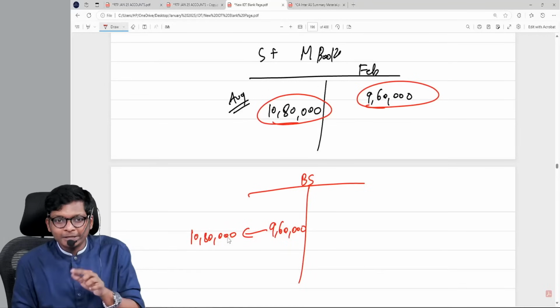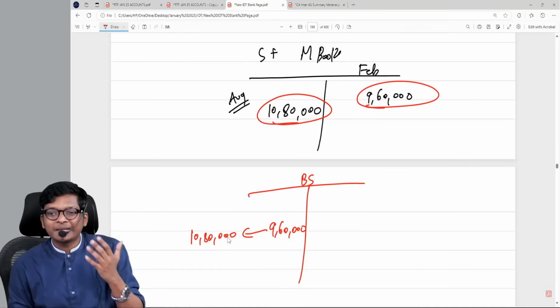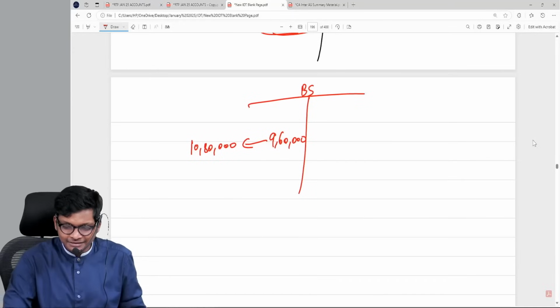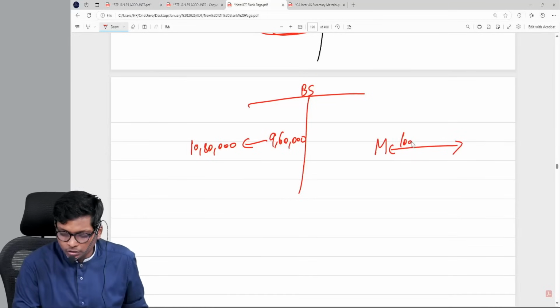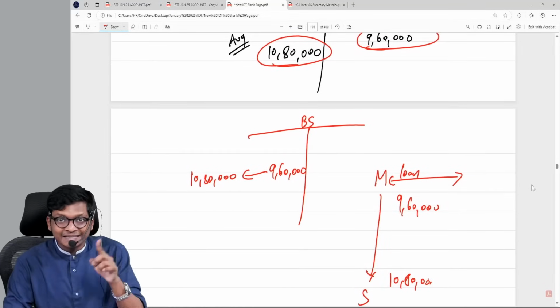But if I show it as a loan, it comes only in the balance sheet and not in the P&L. So look how smartly they planned. M basically wanted money, so he took a loan of 9 lakh 60 and later repays S 10 lakh 80. This is called sale and leaseback in AS19.